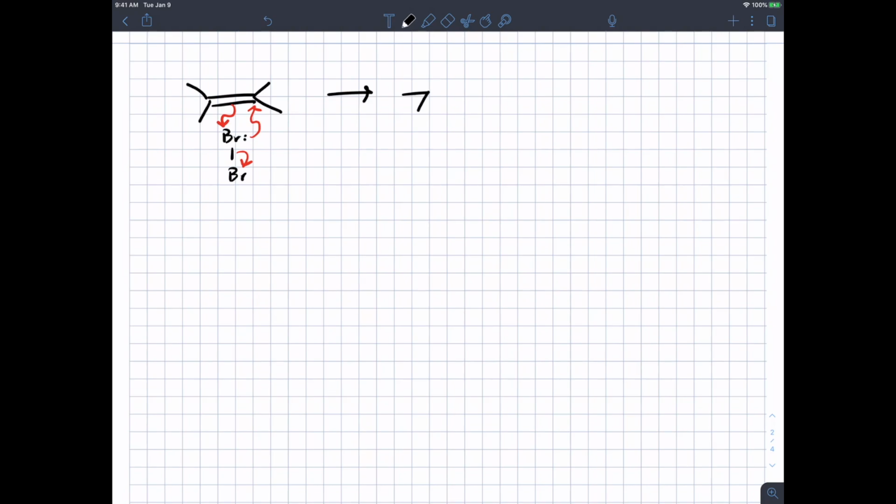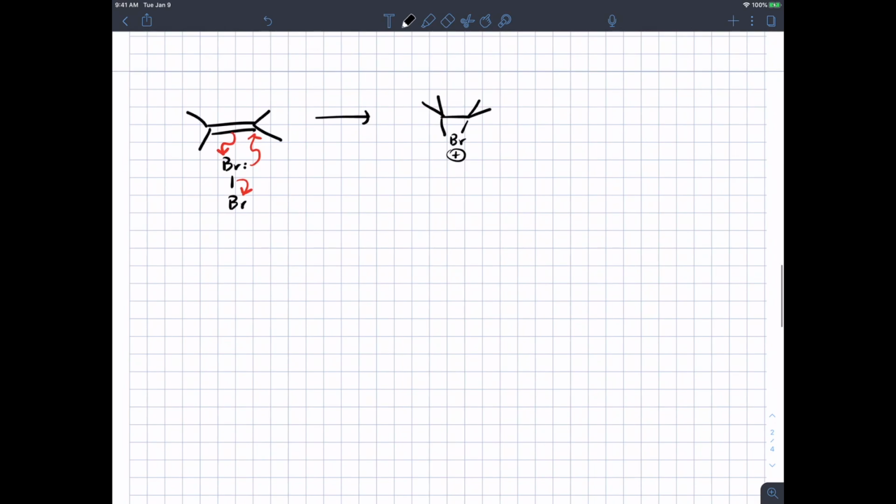And you get the bridged halonium ion as an intermediate. Those carbon-bromine bonds are quite long. This is called a sigma complex because you actually form sigma bonds between the carbons and the bromine. It is called a halonium ion.